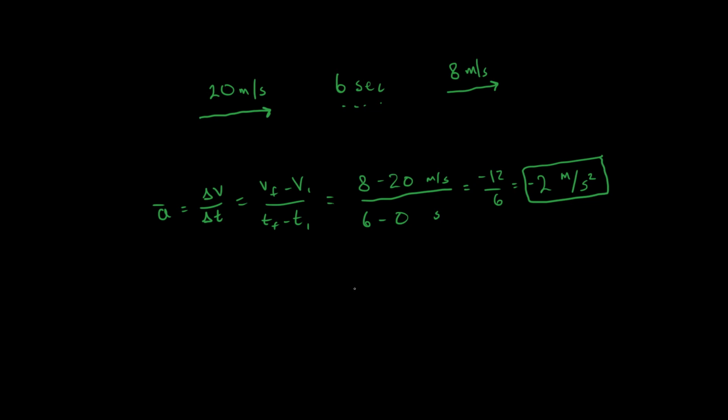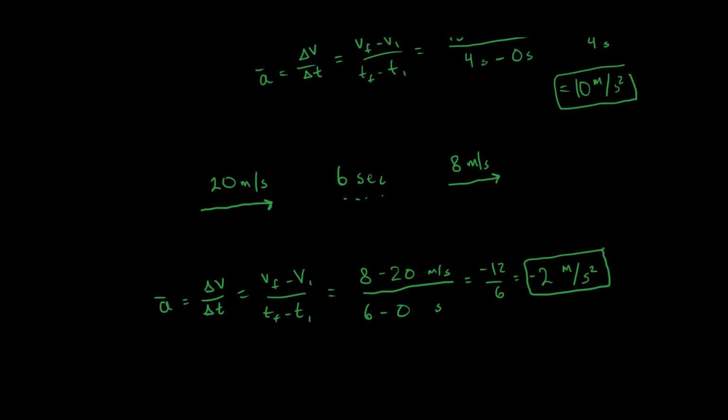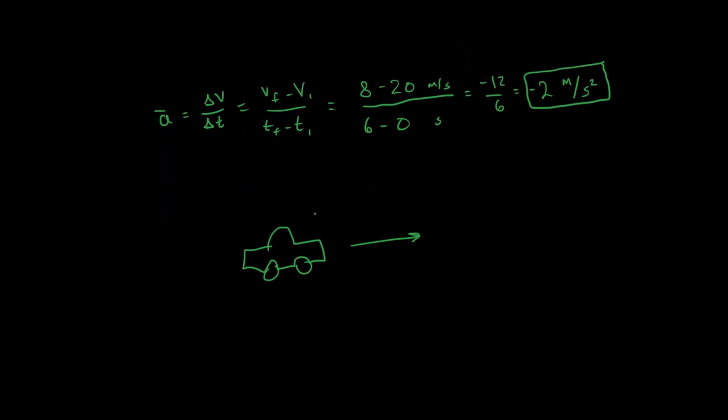Okay? So, just to round up this topic, if I have a car that's, say, moving in this direction, and I wanted to draw my accelerations depending on whether they're speeding up or slowing down. Well, you can think about it as being acceleration causes me to speed up when it's pointing in the same direction as my velocity.